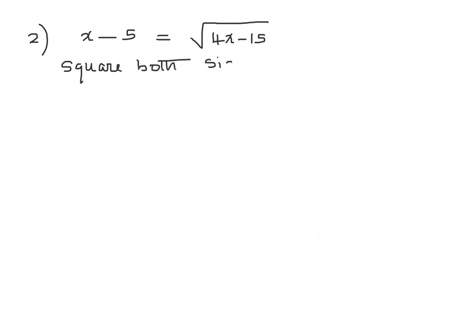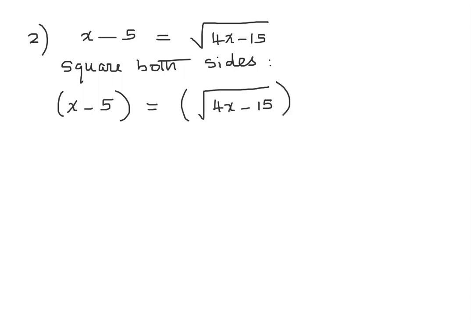Number 2, we have x minus 5 equals square root of 4x minus 15. Again, we have to square both sides. So basically the square and square root get cancelled.